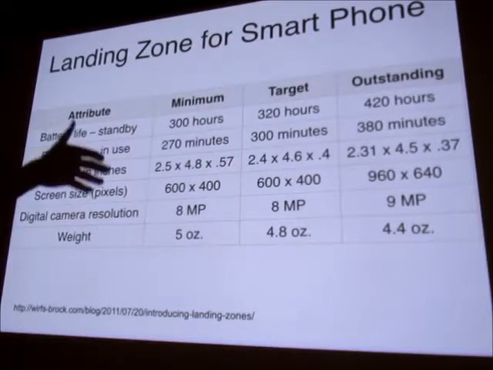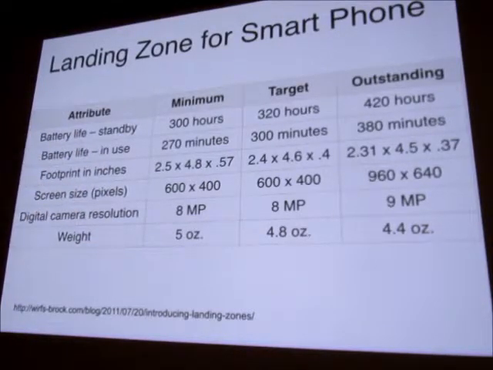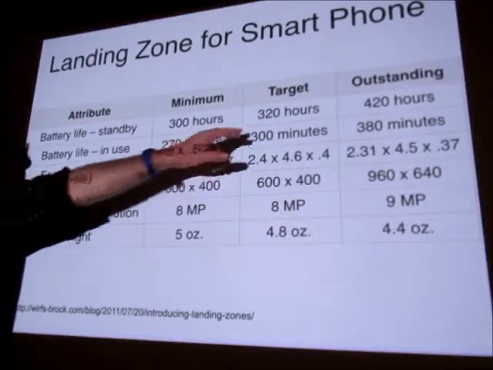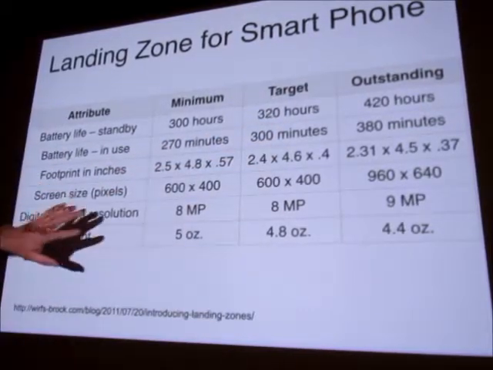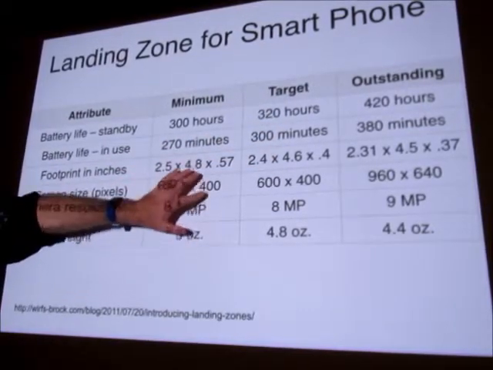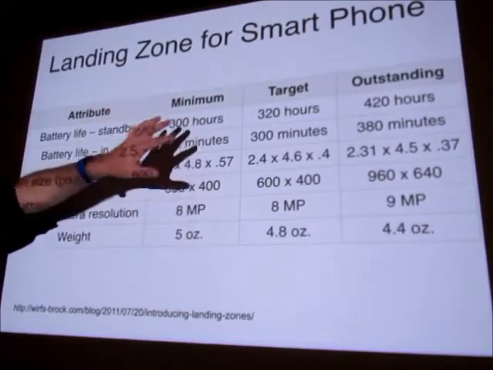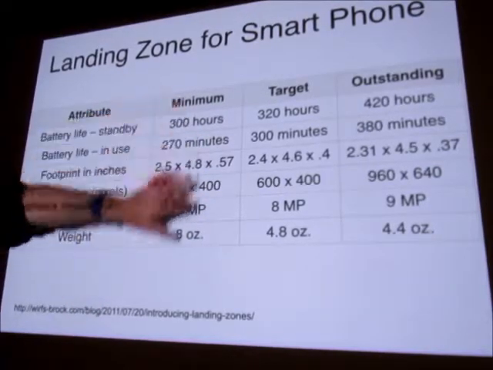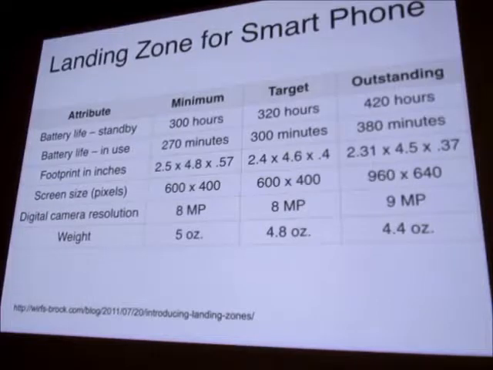So we can define these different ranges, and then when we're prioritizing architectural work, we can decide, maybe for battery life we really want to be here, but for the footprint we'd be okay with minimum. Or maybe we decide we need to get all the minimums first, but we have a way of saying where we want to be on each dimension of each quality of our architecture.